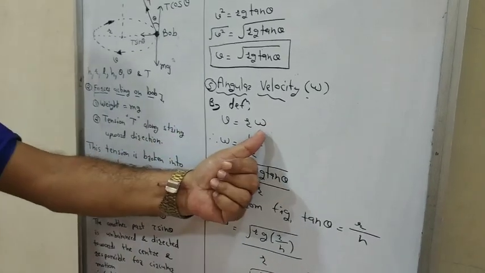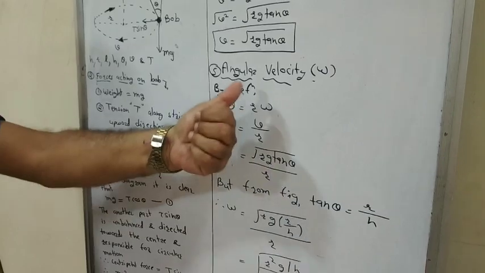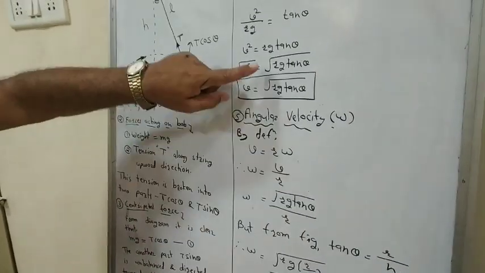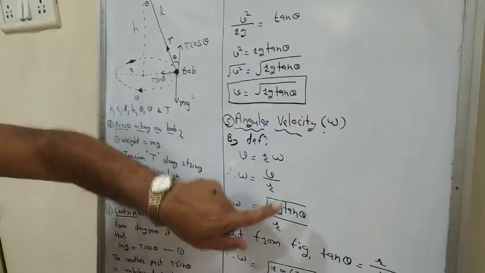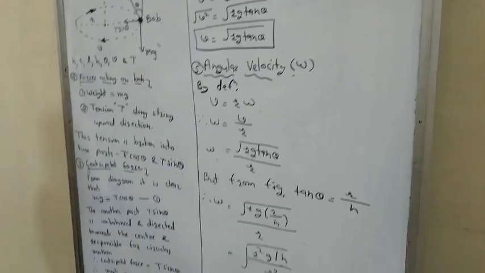We want to find out omega. So transfer this r to this side. So we get omega is equal to v upon r. And we have seen that this v is given by the expression under root rg tan theta. So we get under root rg tan theta, upon r. So omega is equal to this expression.